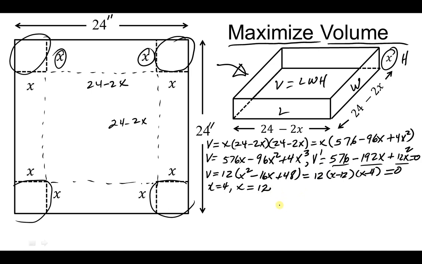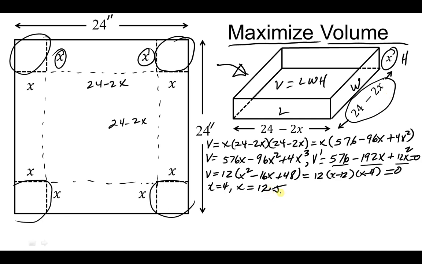And notice that the x equal 12, which is a critical point, is also an end point, because we can't take any more than 12 inches out of each corner. That would be the limit. Otherwise, the length and the width would be negative.